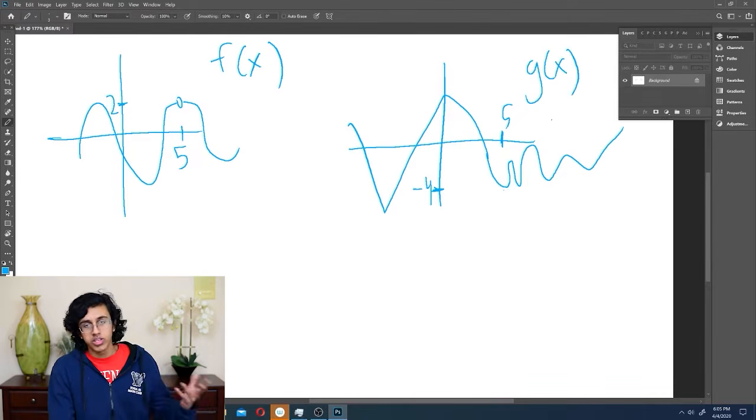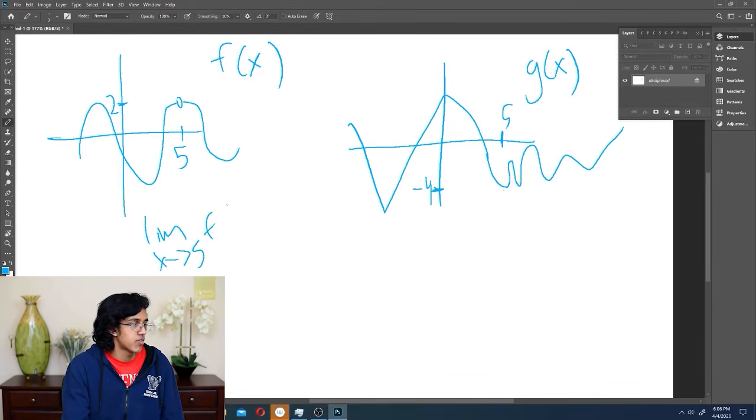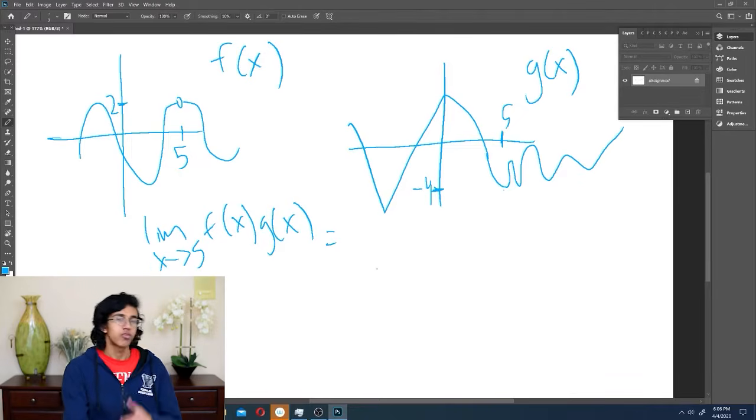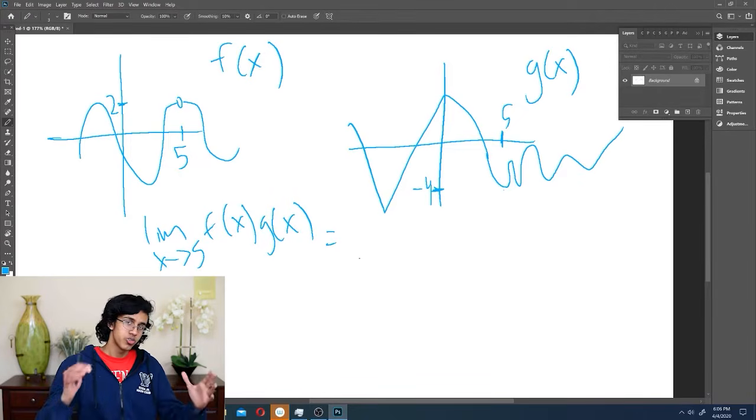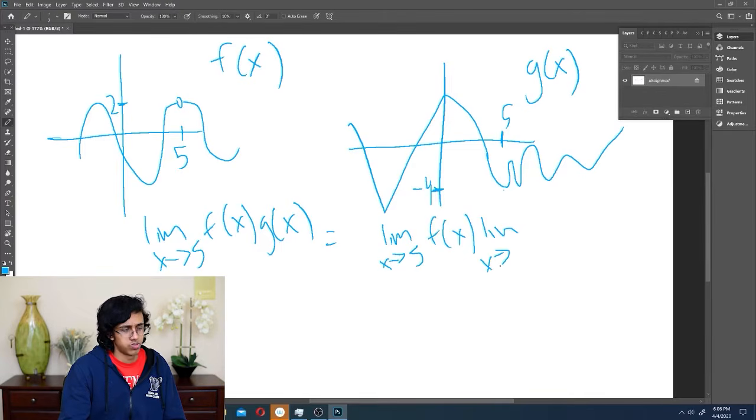And the question is going to be: what is the limit as x approaches 5 of f of x times g of x? Now we can immediately use our properties of limits, and say this is equal to the limit as x approaches 5 of f of x times the limit as x approaches 5 of g of x.